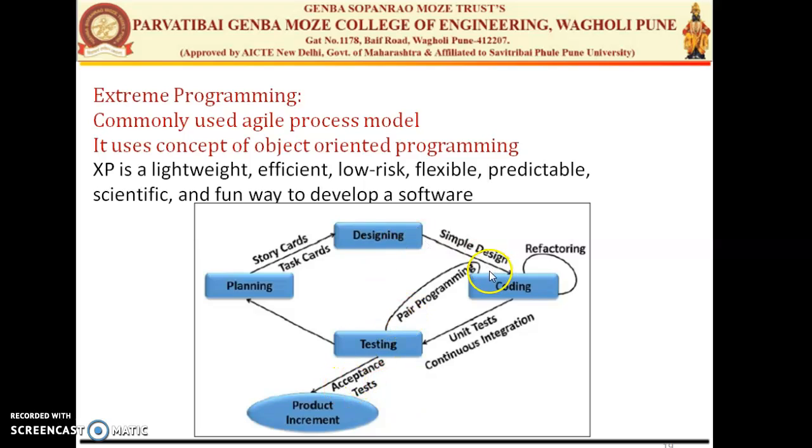Else you have to go for pair programming, fix the bugs, and test again. If things are okay, go to the product increment. Else you again do pair programming, code again, refactor again, and test again. So this is an iterative process, again and again, until you achieve the product backlog or the sprint backlog.